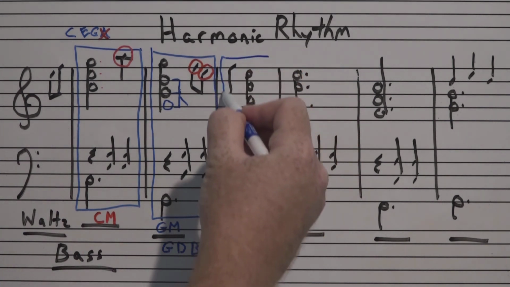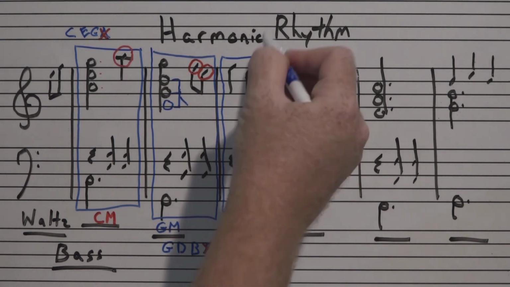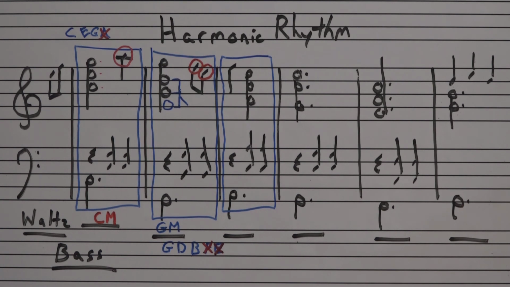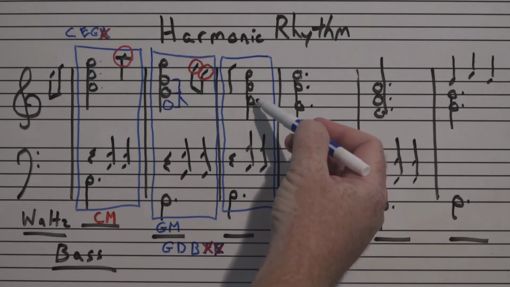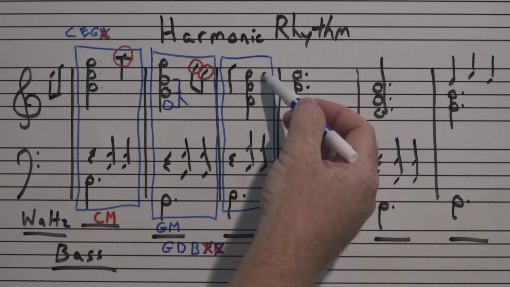Let's do one more. And let's skip to the thing you're hopefully already noticing. You already see a triad, A, C, and E, 3 notes stacked in thirds.